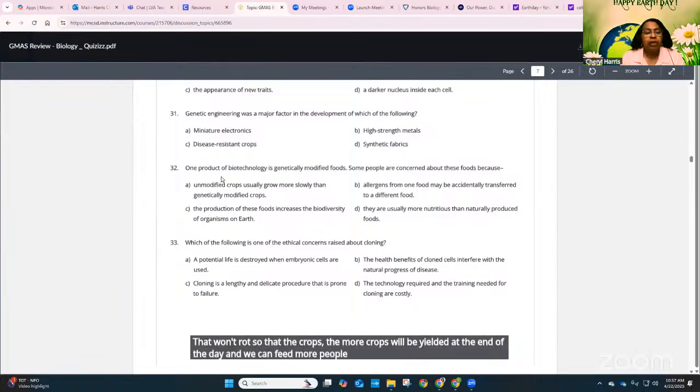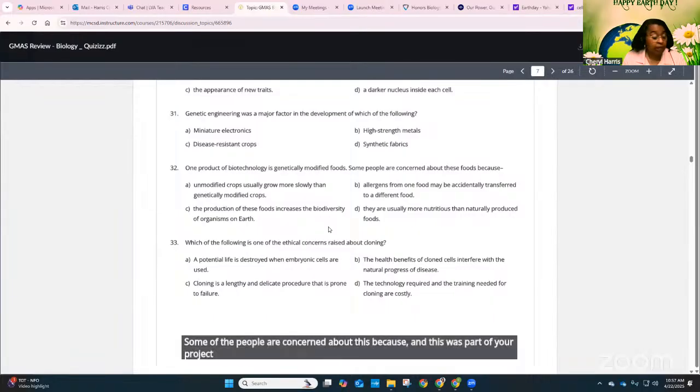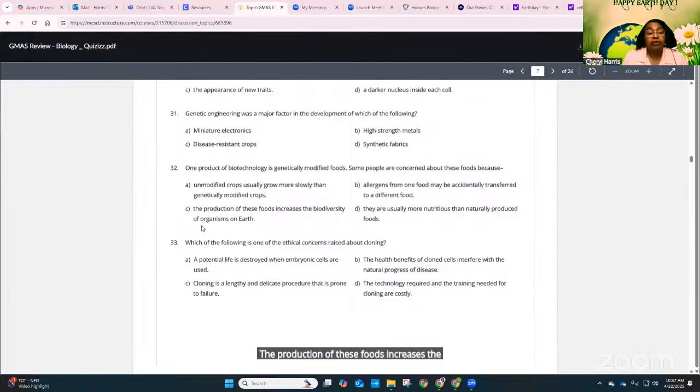All right, one product of biotechnology, which is genetically modified foods. Some of the people are concerned about this because, and this was part of your project too, you had to come up with the ethical reasons why, while we're trying to feed more people, this is not necessarily a good idea. The production of these foods increases the biodiversity of the organisms on the earth.